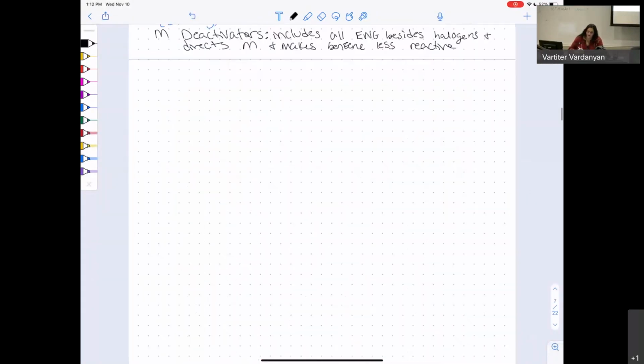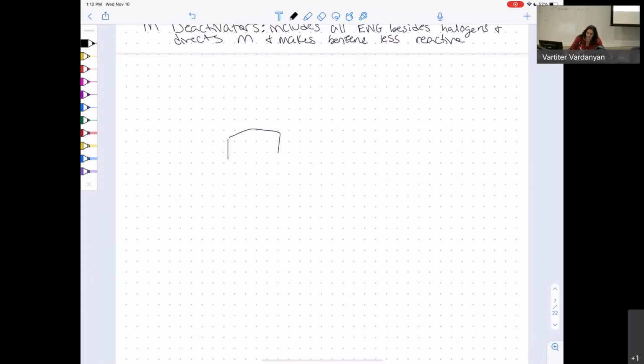Okay. So let's say we have a benzene ring, and let's say that benzene ring has a methyl right here. What is the common name of this benzene ring? Toluene, cool. And let's pretend that we chlorinate this benzene ring. What reagents would we use for that? Cl2 and FeCl3.